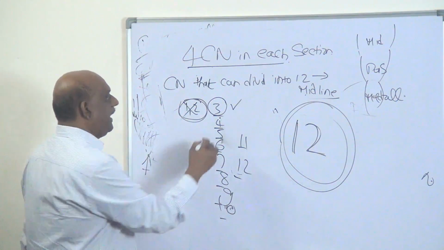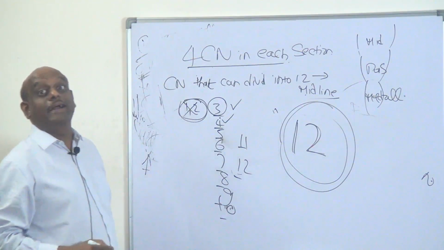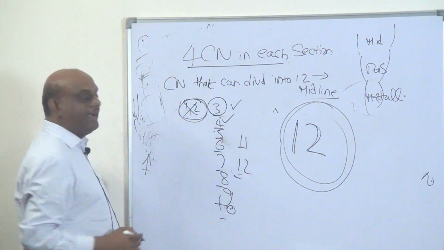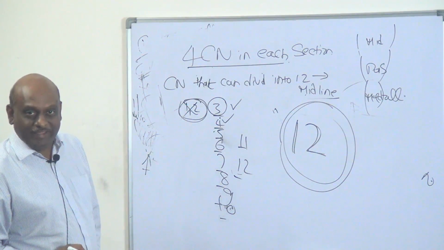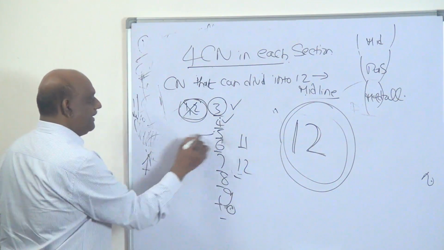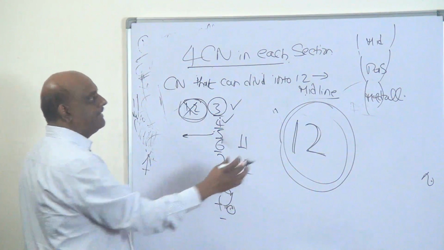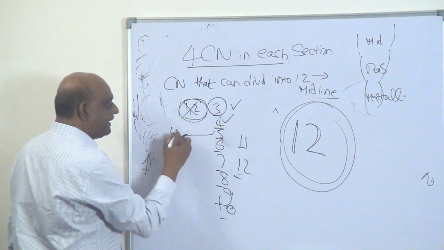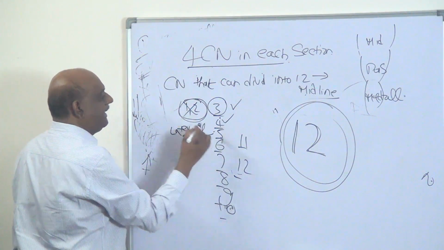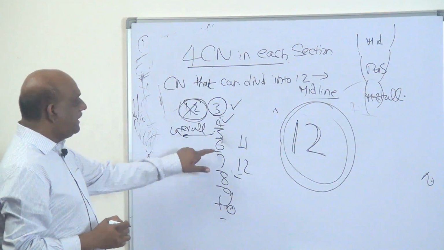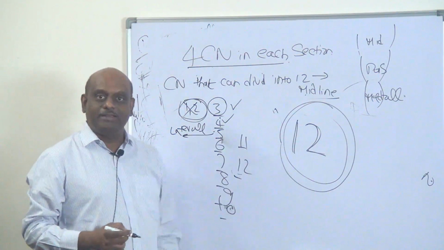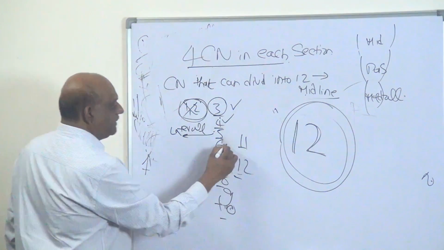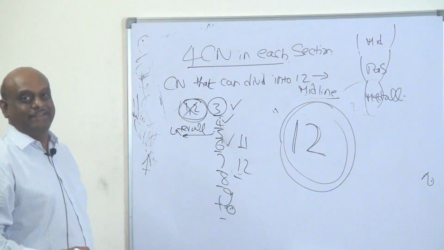Yes. Hence, it is also midline. Can 5 divide 12 evenly? No. That is the reason cranial nerve 5 is located in the brainstem laterally. Then cranial nerve 6. Can 6 divide 12? Yes. That's the reason 6 is midline.